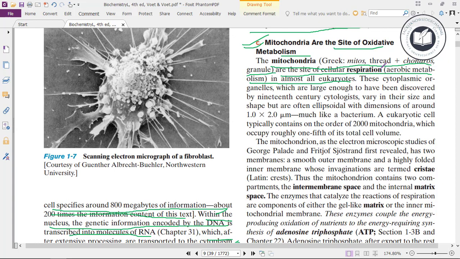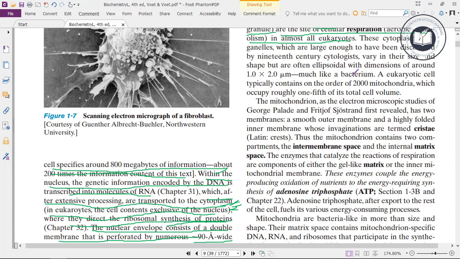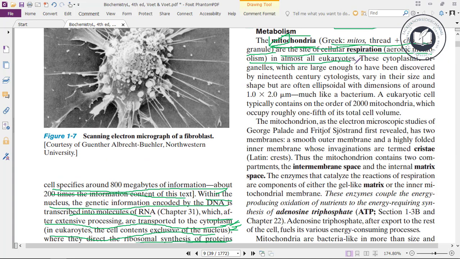Mito means thread, and chondria means granules, so granule-like mitochondria are present.